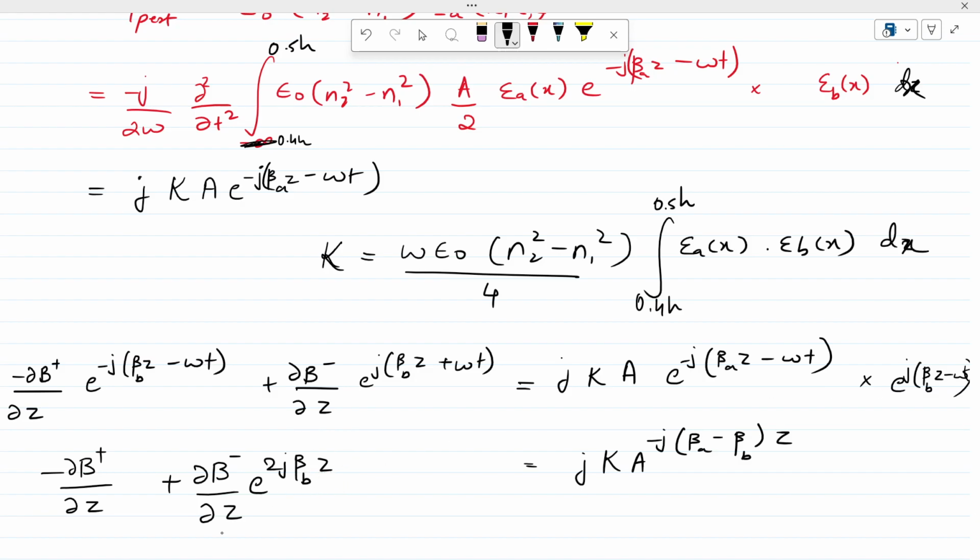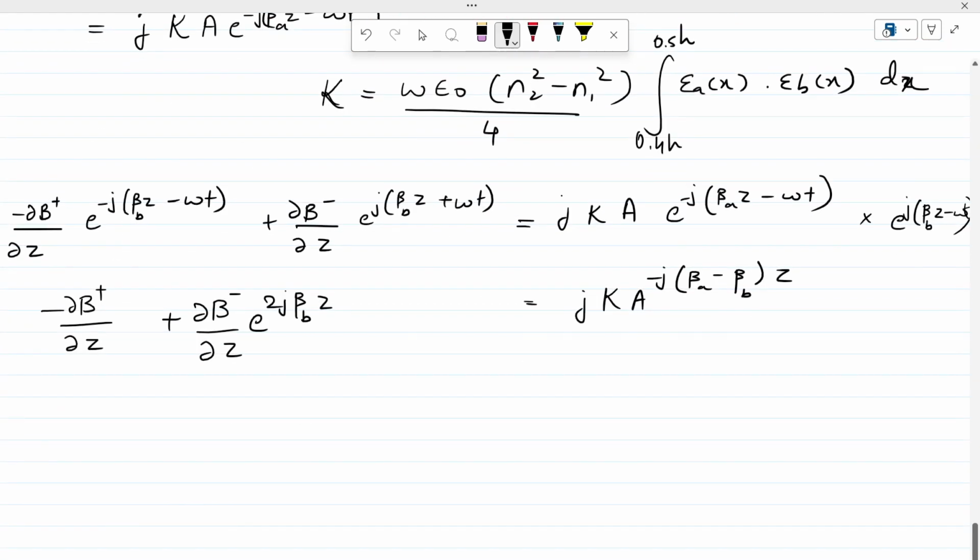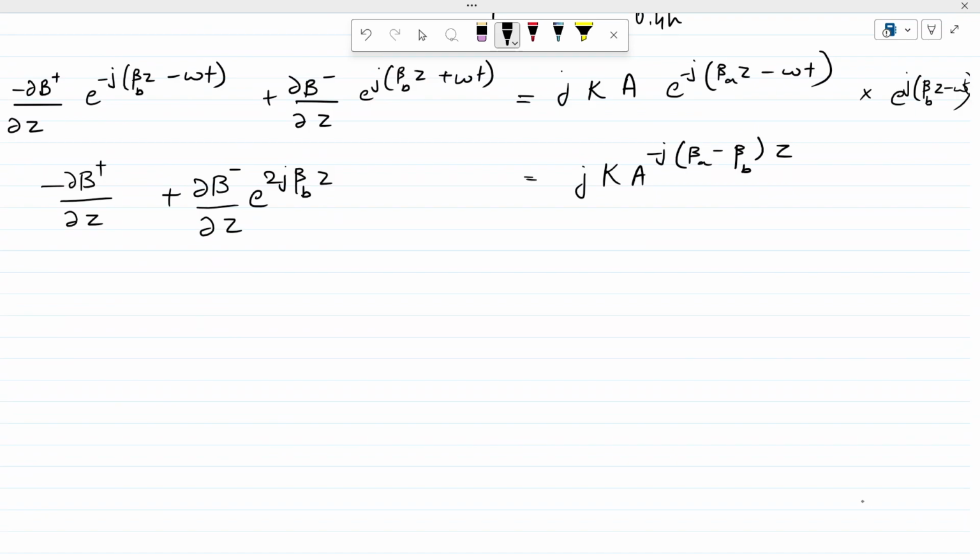So the plan is that now I have got this as an oscillating term, so then again I can call it a small term, and then I will write minus dou B plus by dou z as equal to the RHS, and then I solve for B plus, that is the forward propagating amplitude.